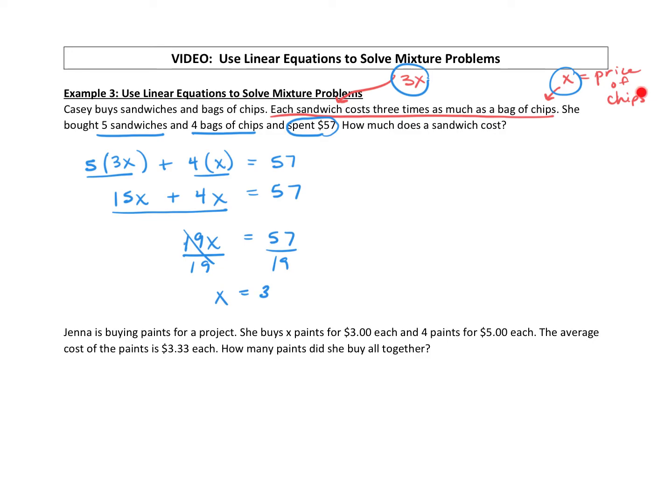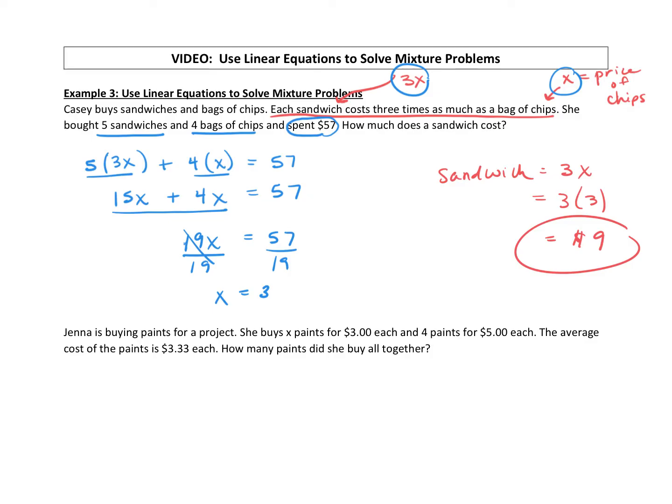So we just figured out that the price of a bag of chips is $3. Sandwiches cost 3 times that. So the price of a sandwich is 3 times x, which we just figured out. So 3 times 3. Now we know that each sandwich costs $9.